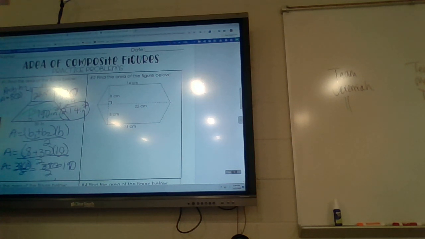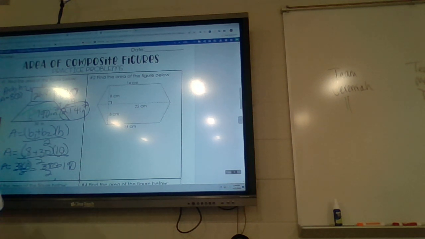Now, number 2, you can make it really complicated or you can make it really simple. That's the really simple way. 2 trapezoids. So all you have to do is calculate the area of one because both of the heights are the same, right? And the bases are the same. So calculate the area of one of them and multiply by 2.